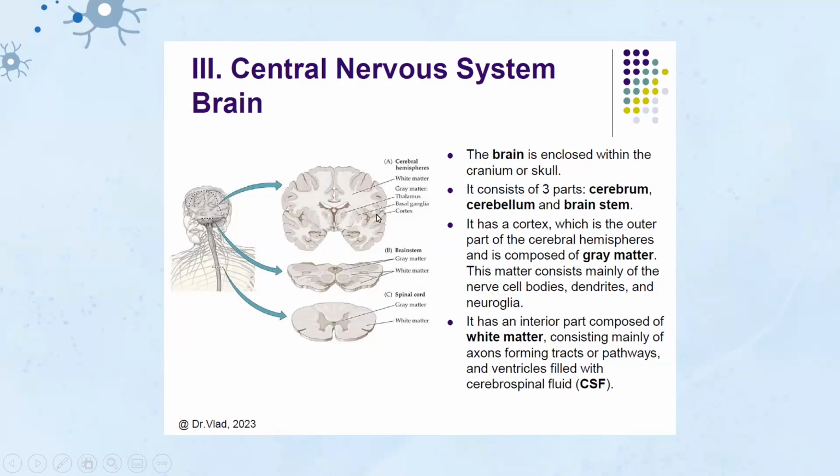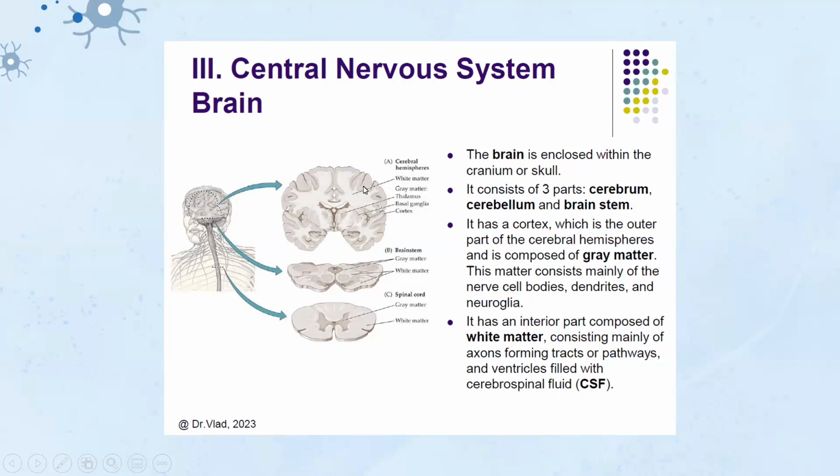So this is the cortex. This outer part is called the cortex, and it's composed of the gray matter. You can appreciate how gray it is. This gray matter consists of the nerve cell bodies, the dendrites, and the neuroglia.